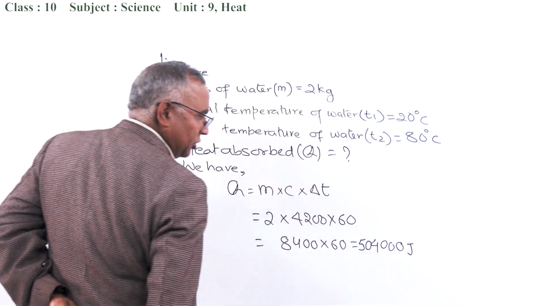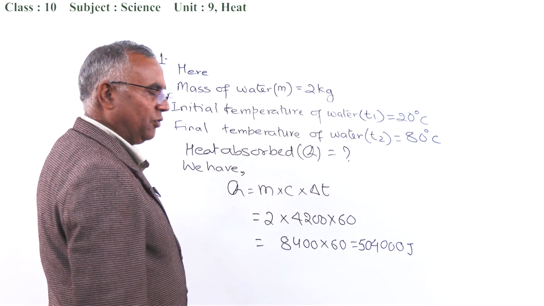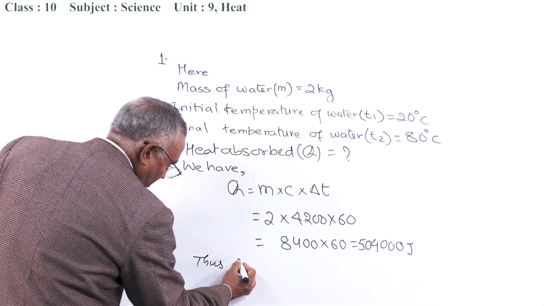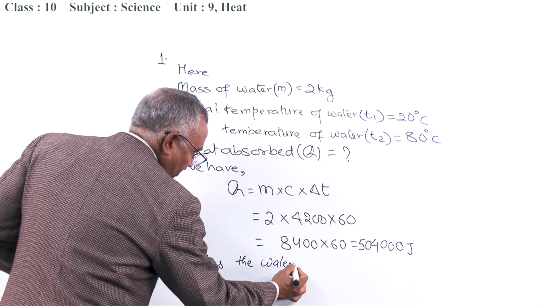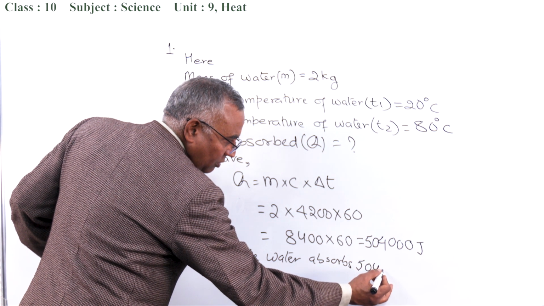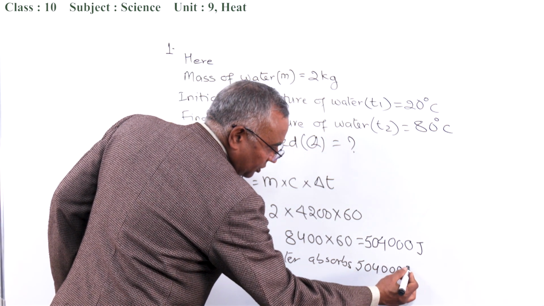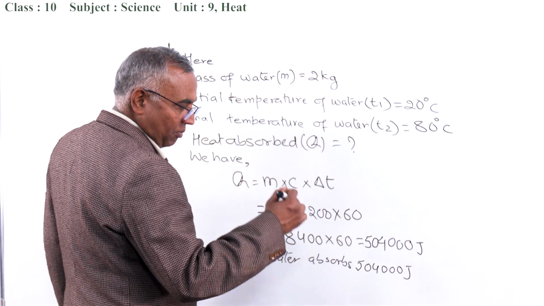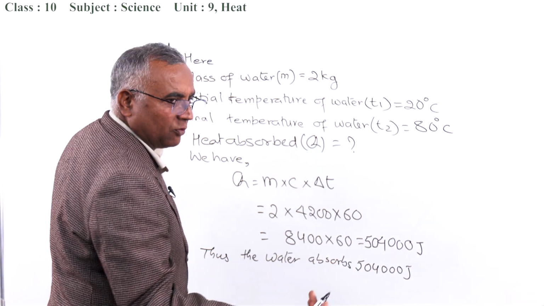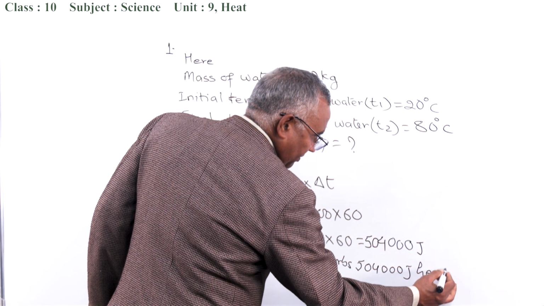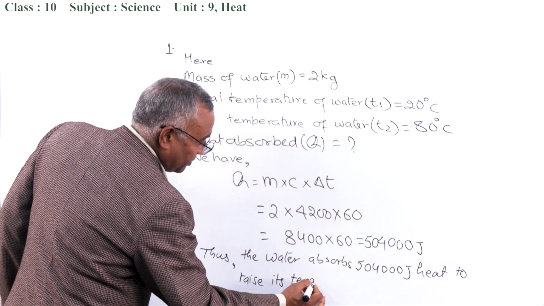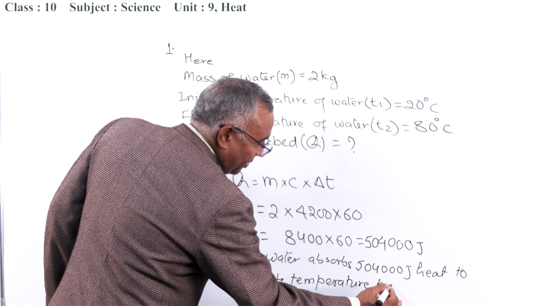Amount of heat is measured in what? Joule. So you can write in scientific notation 5.04 into 10 to the power 5 joule, same thing. So here, thus, the water absorbs 5 lakh 4,000 joule, or you can say it in kilojoule also, 504 kilojoule, same thing, of heat to raise its temperature by 60 degrees Celsius.